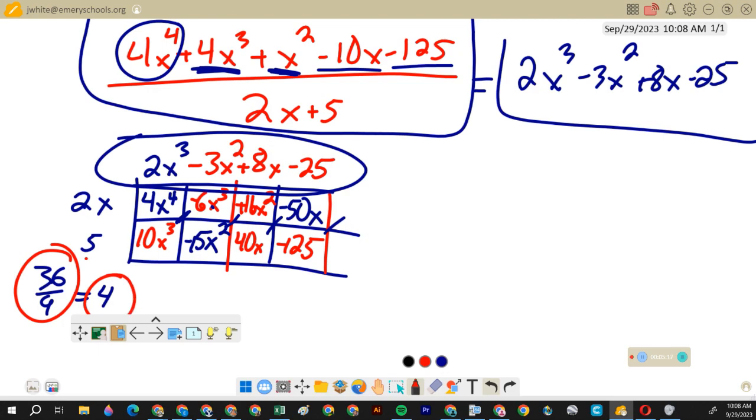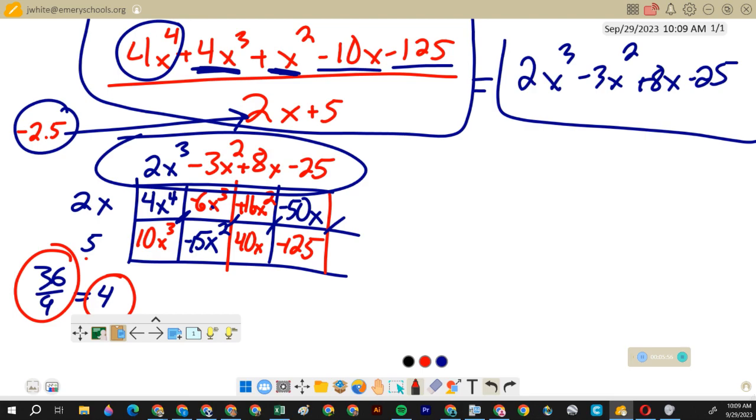Nothing really, except what happens when I plug in negative 2.5. The denominator becomes 0, right? So that gives me an undefined equation, which means I'm not allowed to plug in negative 2.5.